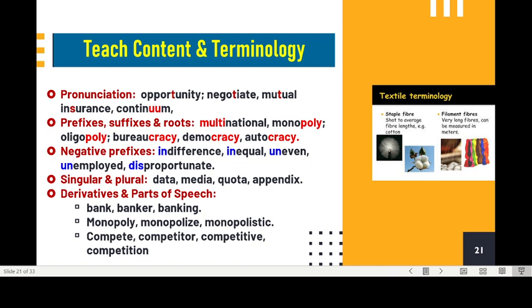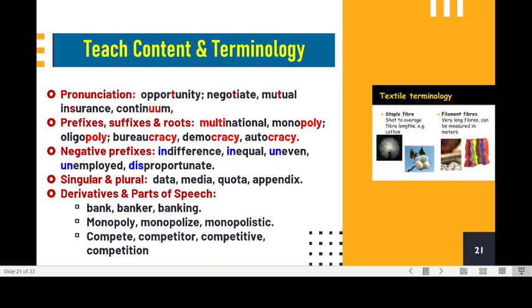Also, some words that have negative prefixes like indifference, unequal, uneven, unemployed, disproportionate. Also, especially Latin words, we need to teach the students singular and plural forms: data, datum; media, medium; quota; appendix, appendices.